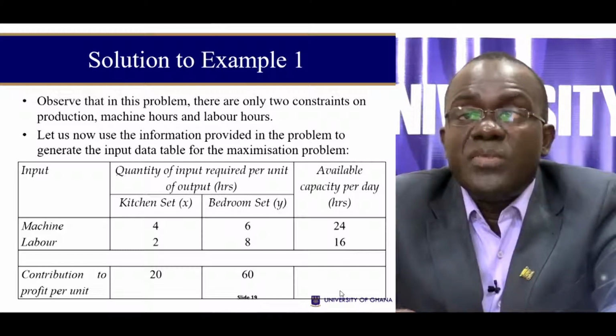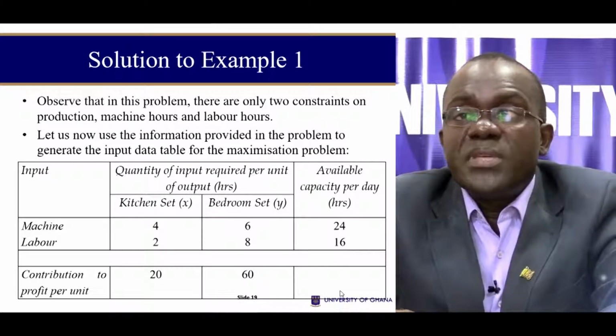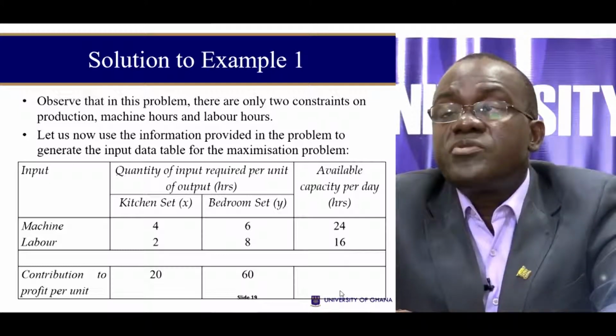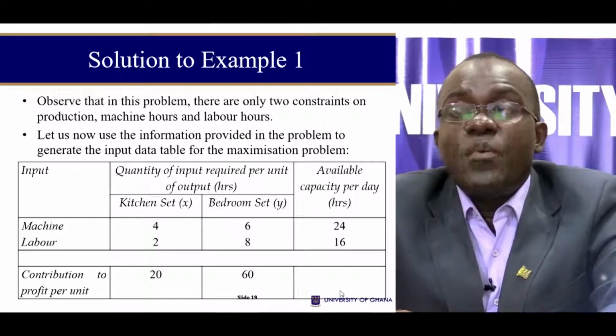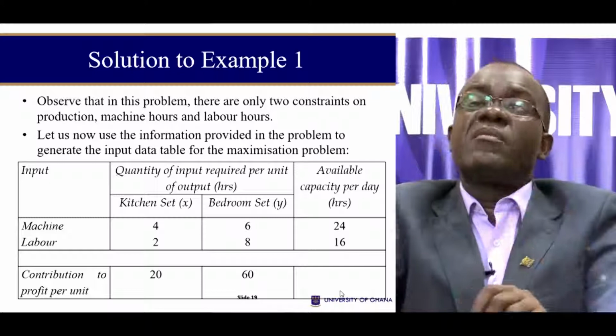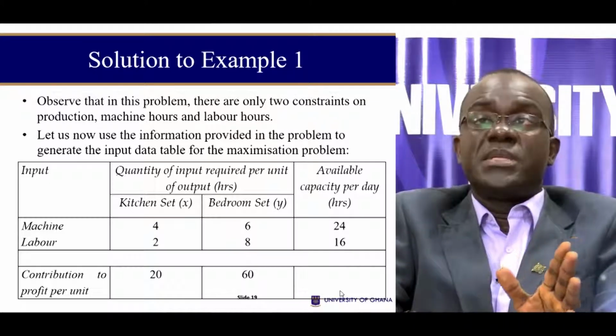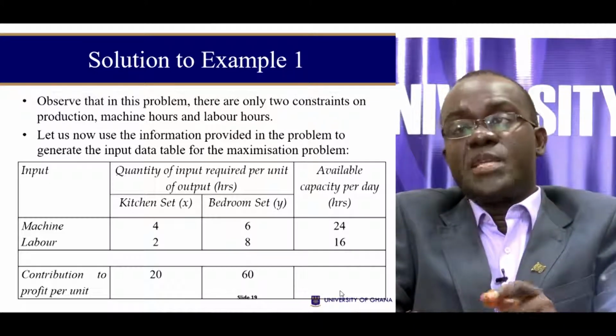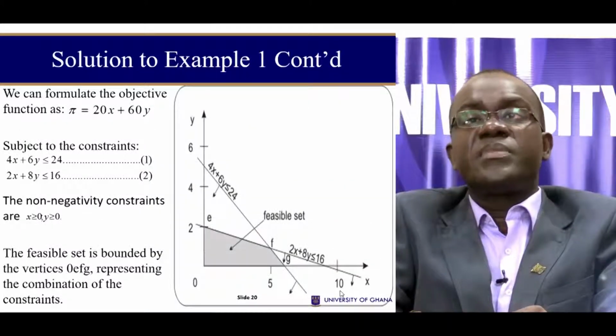A unit of that one contributes this to profit, and you need this one. And these are the constraints. That is our available capacity. These are the constraints or the available capacity. So in the question that we have over there, if you put it in table form, this is what we get. The next point is to express it in inequalities.